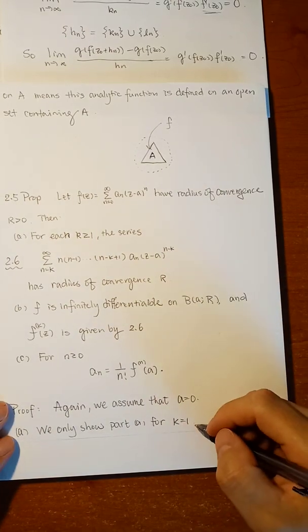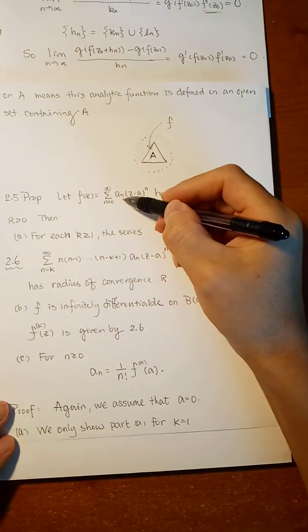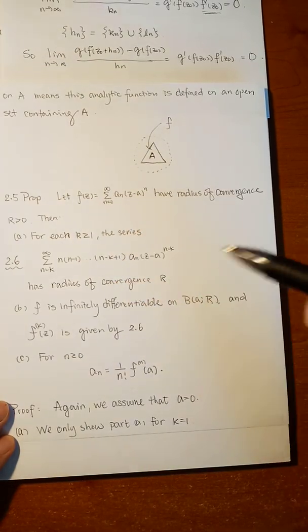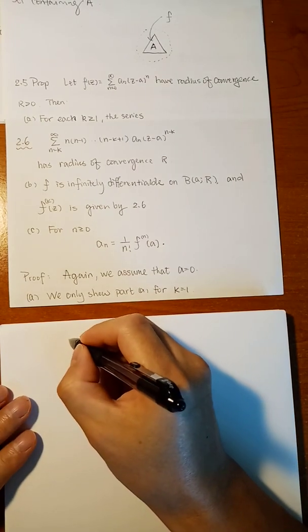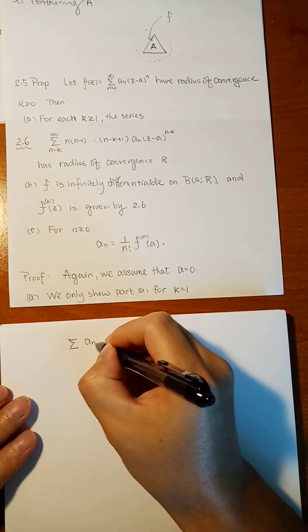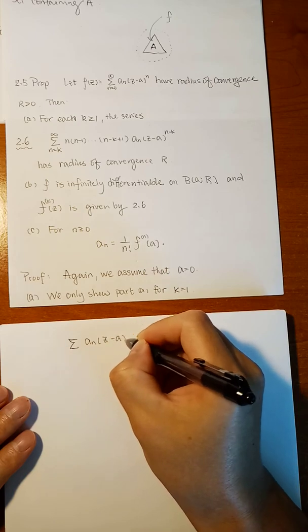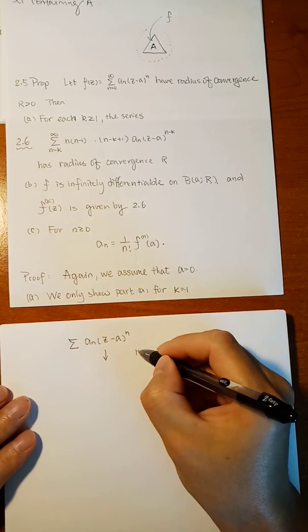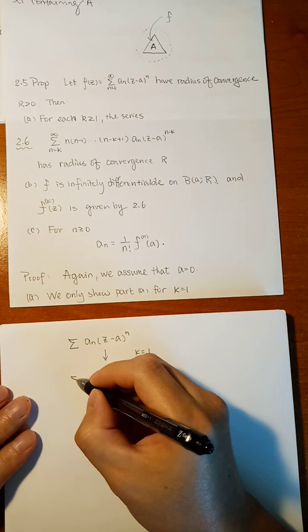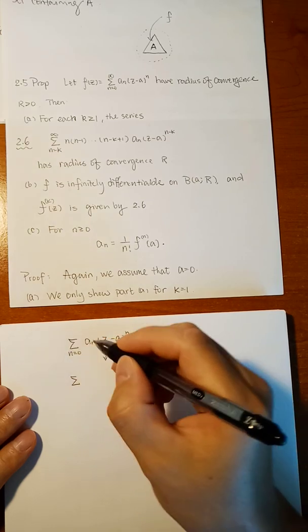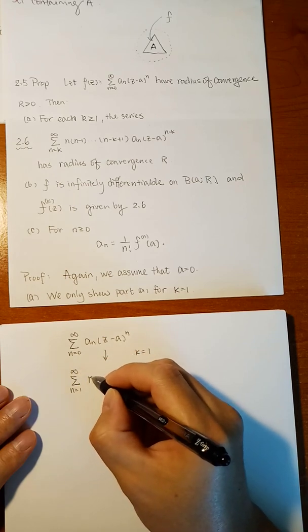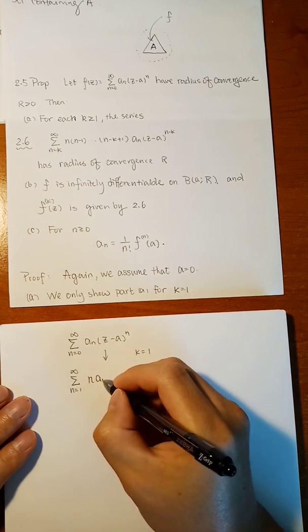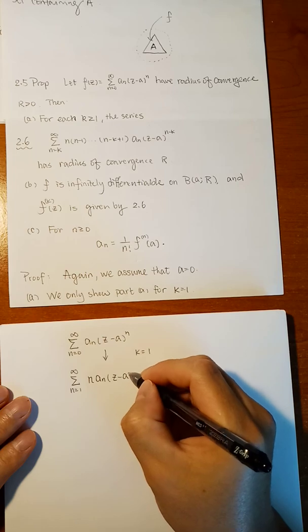For k equal to 1, what do we do? We start from f, and for k equal to 1 we get the sum where n goes from 1 to infinity of n times a sub n times (z minus a) to the n minus 1.